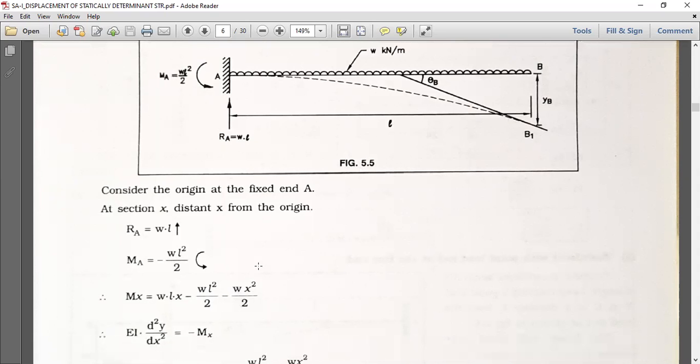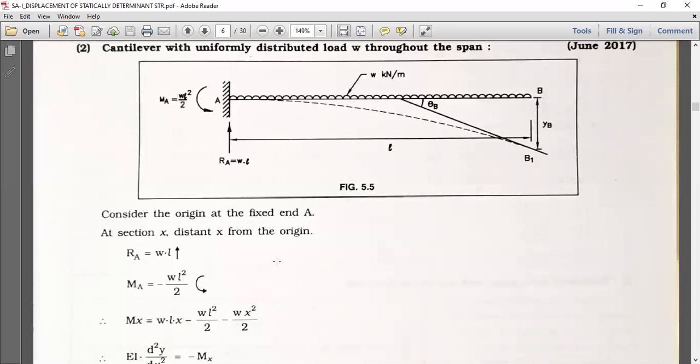Now MX, taking moment at distance X, is equal to RA into X minus MA, so W into L into X minus WL square by 2, plus WX square by 2.